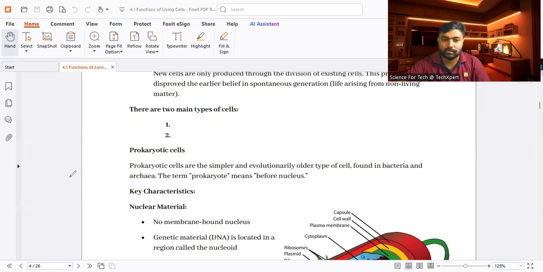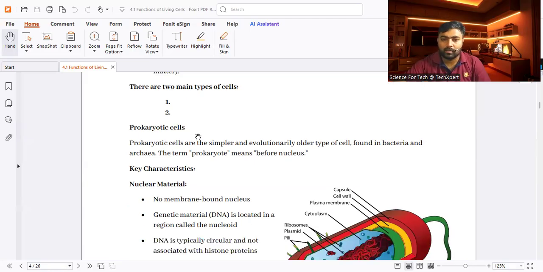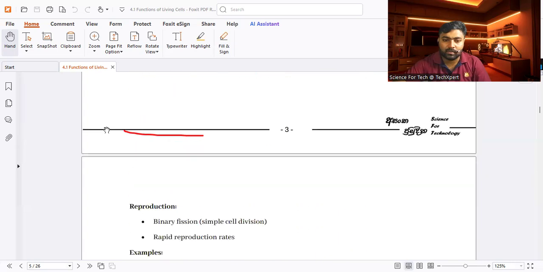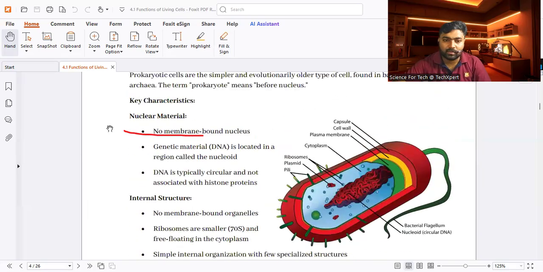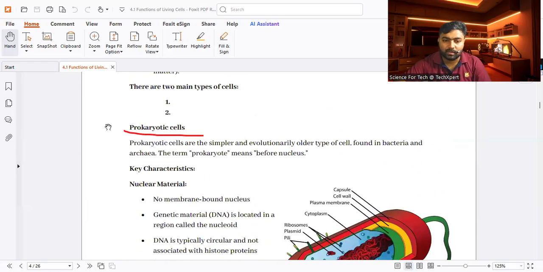All the living cells can be categorized under two main living cell types. One is prokaryotic cells, the other one is eukaryotic cells.